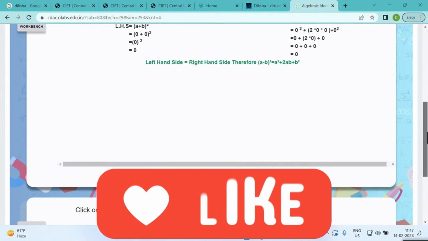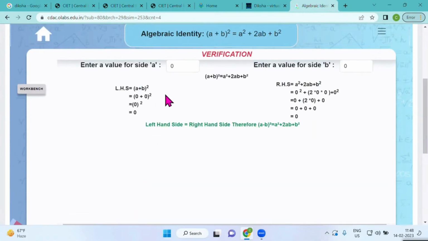We can verify mathematically by putting the values of a and b in different forms. If I write the value 4, so here my value of a is 4 and the value of b I can put as 6. So what is (4 plus 6) whole square? On the left hand side, 4 plus 6 whole square, that is 10, 10 square is 100.